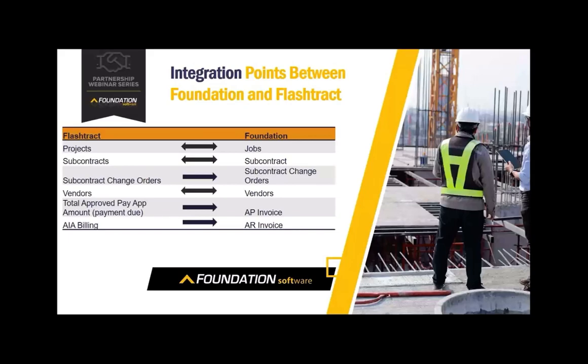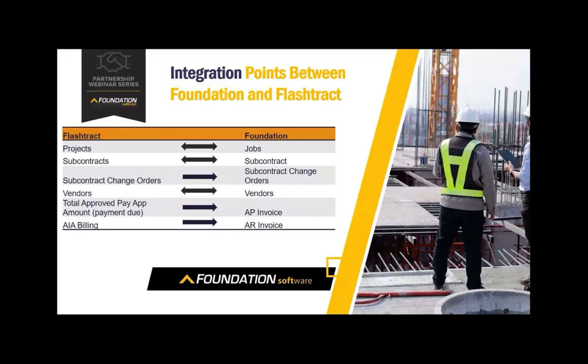So for terminology's sake, projects in Flashtract to jobs in Foundation, subcontracts to subcontracts between the two platforms, change orders against those subcontracts going from, say, Flashtract to Foundation, vendors from Foundation, from the accounting side, right, to Flashtract or vice versa.